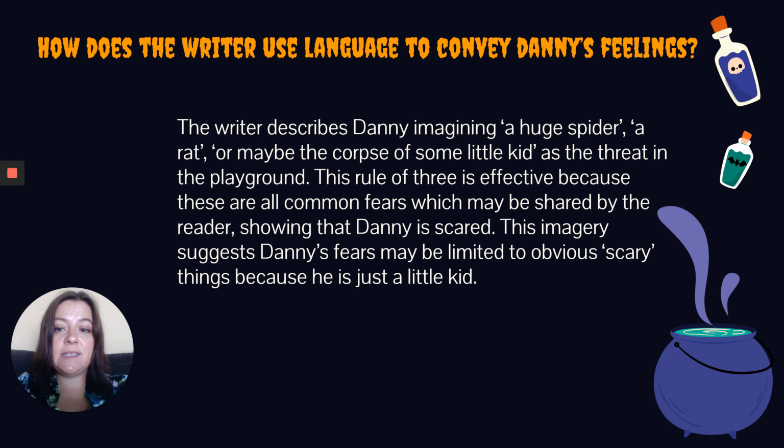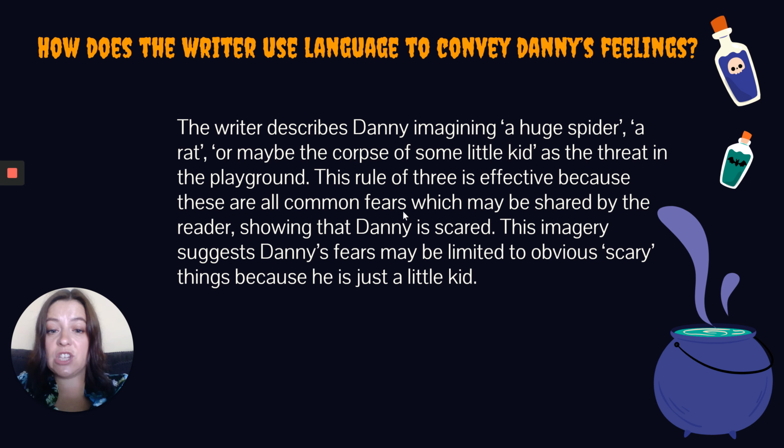So you can see that rather than writing out a huge big quote when there's lots of stuff you want to use, you can just pick out the bits that you need. So we've got here the things from the list of three: the huge spider, a rat, or the corpse of some little kid. You may also have been shown that you can write the first bit of the quote with an ellipsis, and then the end. That's perfectly fine as well.